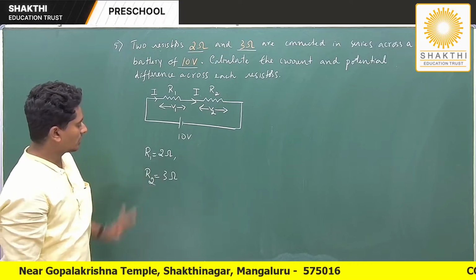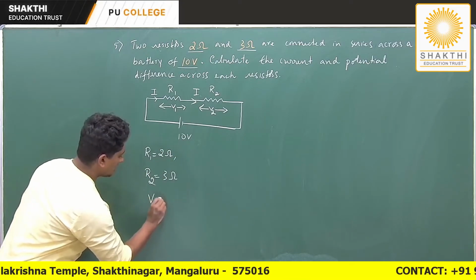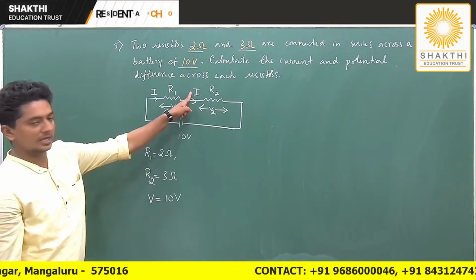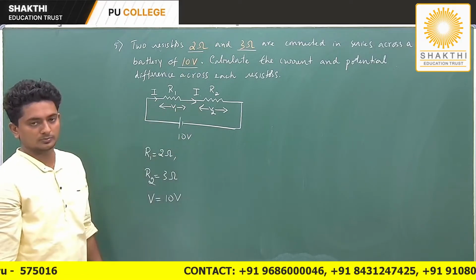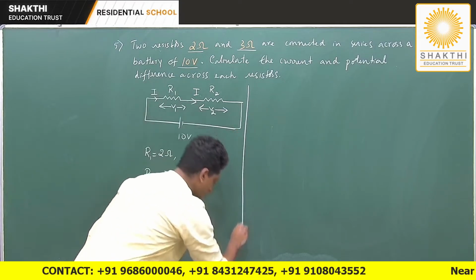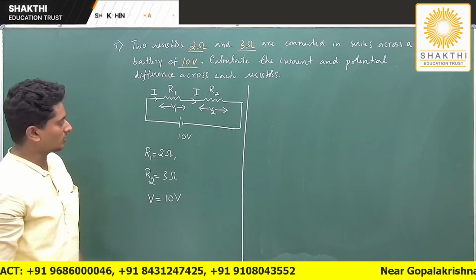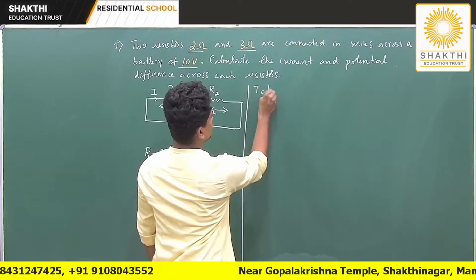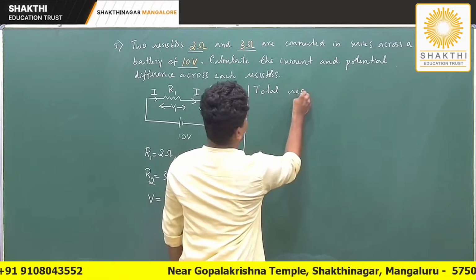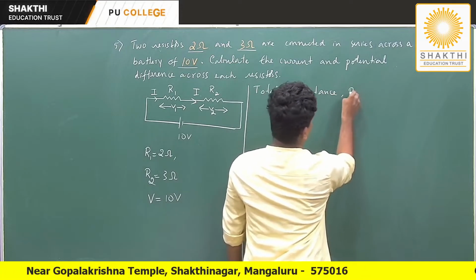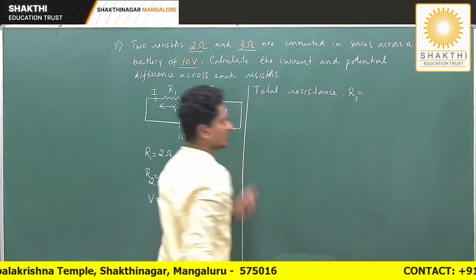So R1 is given, R2 is given. So the total potential V is equal to 10 volt. So first let us calculate I, then let us calculate V1 and V2. Okay, let us do that. So first, to calculate I, I calculate the total resistance. The effective resistance, that is nothing but RS because they are in series.